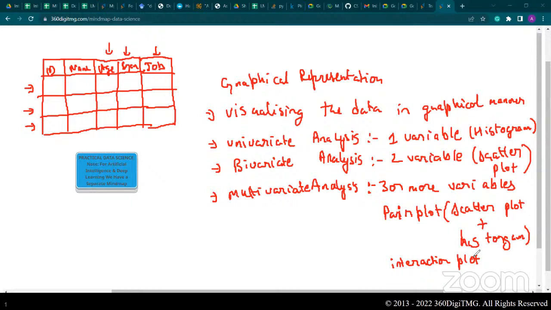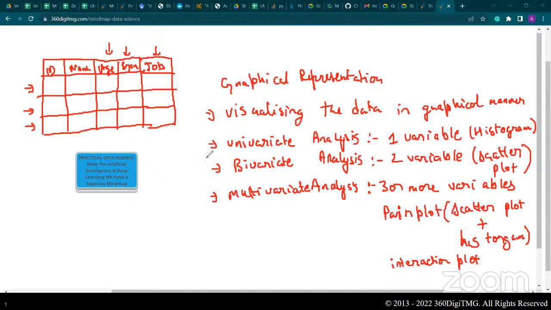Now, an interaction plot is telling us how likely those variables are interacting with each other. So we'll see how interaction plots work tomorrow. Normally these are very rarely seen, but they can be useful in specific scenarios.